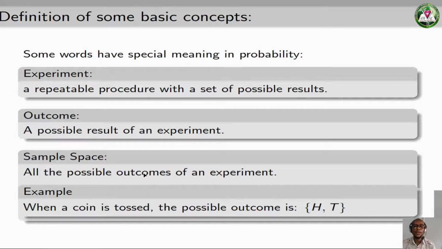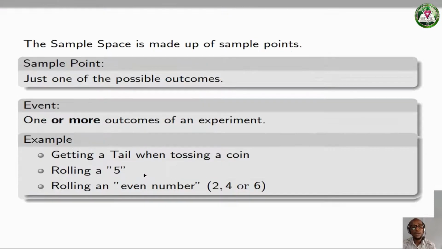So we'll move to the sample points. Now, sample space is made up of sample points, and a sample point is defined as just one of the possible outcomes. So if I have my sample space as the head and tail, that's the total possible outcomes I will have.